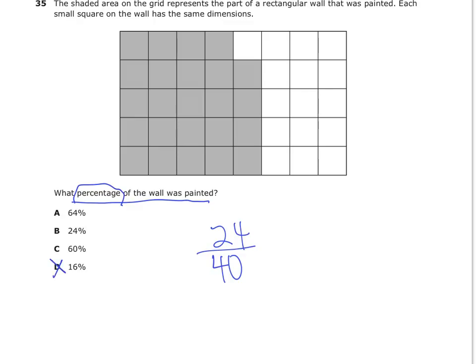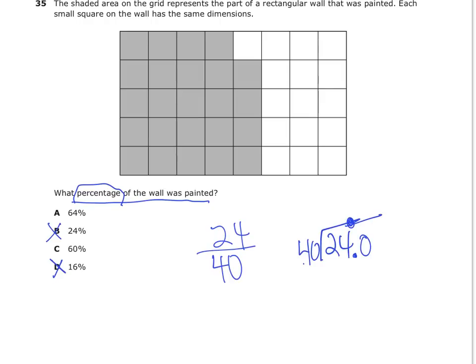I'm marking off. I have 2 shots left. Okay, you can do this a couple different ways. You could simplify it, try to get it to 100, or you can just divide. Just divide it. 24 divided by 40. Okay, will 40 go into 24? No. Could you put a 0?